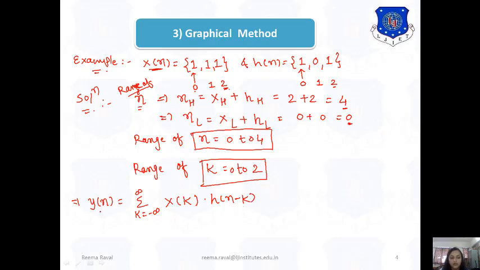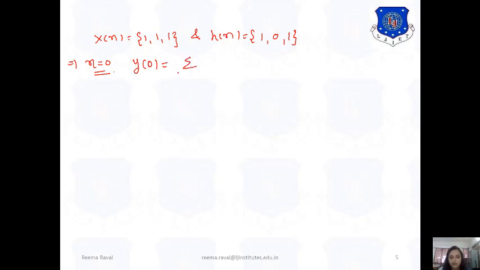For that we now place the range of n as 0 to 4 and take the range of k as 0 to 2, with x of n equals 1, 1, 1 and h of n equals 1, 0, 1. We are finding the value for n equals 0, which will give y of 0, that equals the summation of k equals 0 to 2.